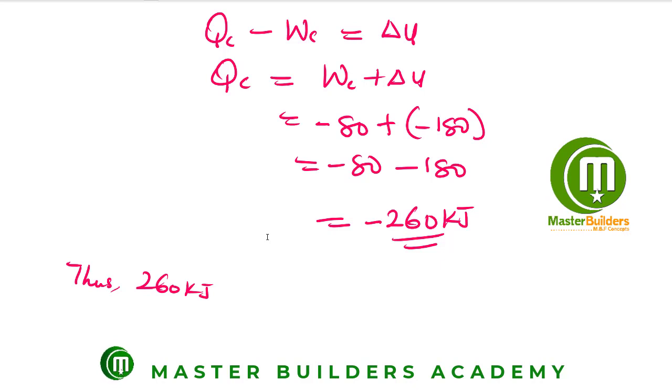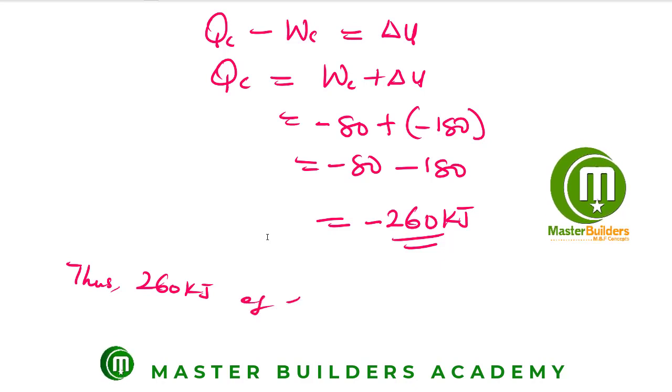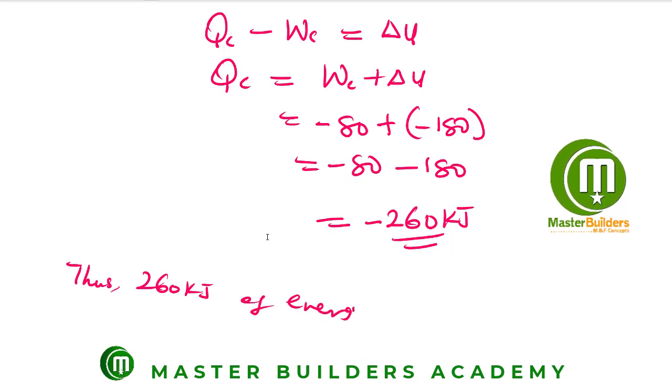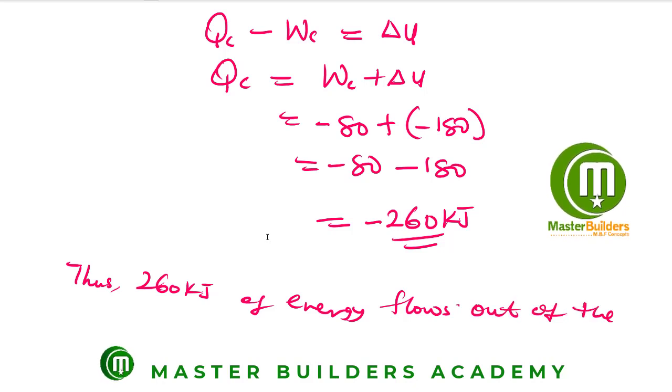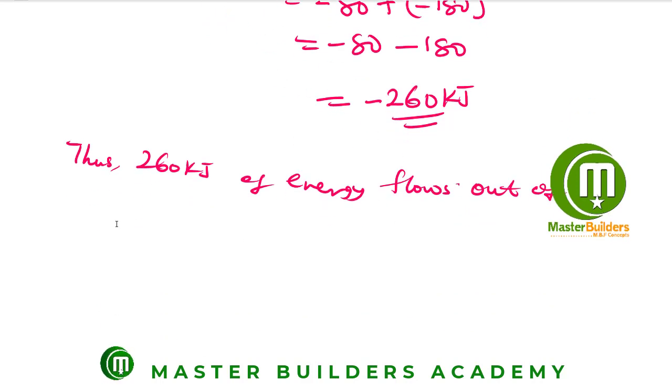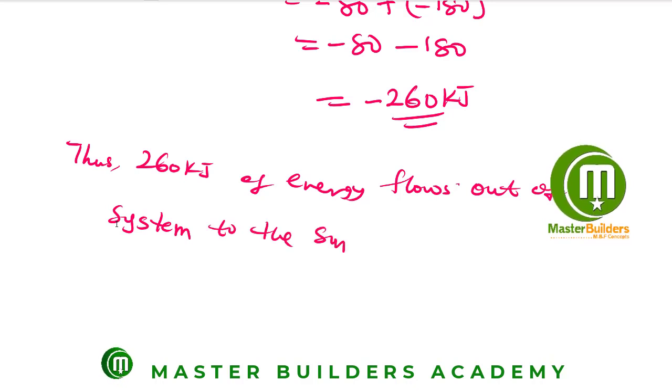Therefore, 260 kilojoule of energy flows out of the system to the surrounding.